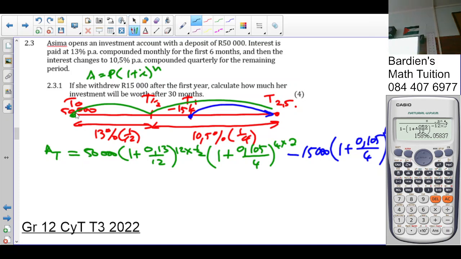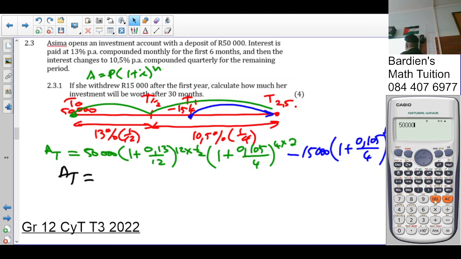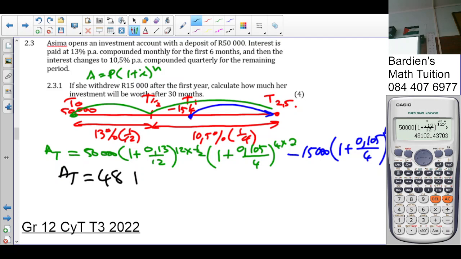Alright, that gives me a total amount of 50,000 rand into (1 plus 0.13 over 12) to the exponent 12 times a half, into (1 plus 0.105 over 4) to the exponent 4 times 2, minus 15,000 into (1 plus 0.105 over 4) to the exponent 4 times 1.5, which gives you 48,102 rand and 43 cents.